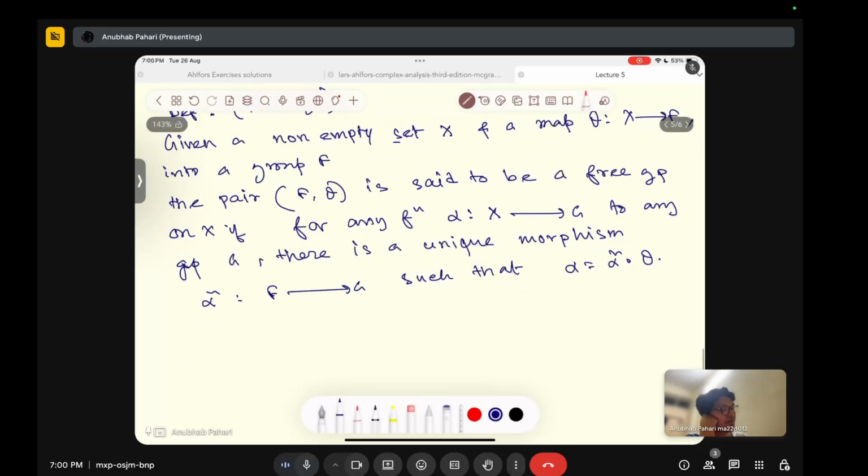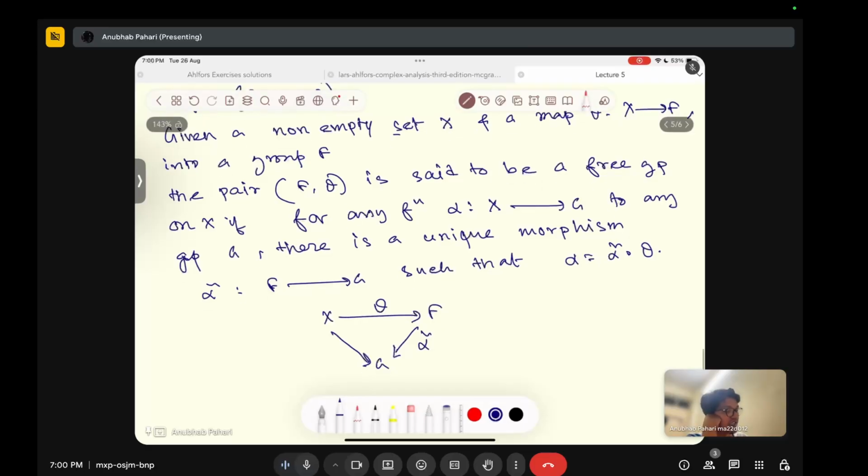That means if you make the triangle, it should be first theta, that is your capital X to F, then alpha from capital X to G, followed by alpha tilde. So it is saying that theta is already given, and your alpha is also given, and for every alpha you will get an alpha tilde.